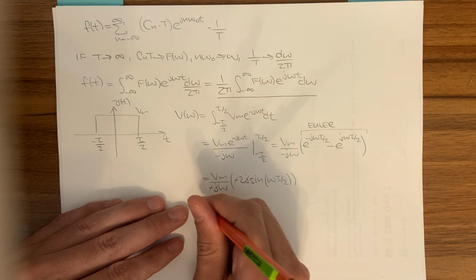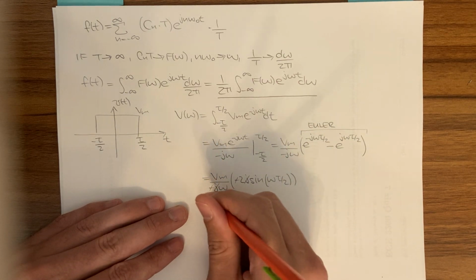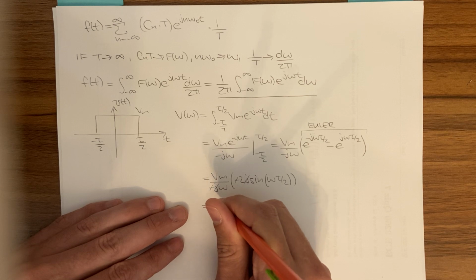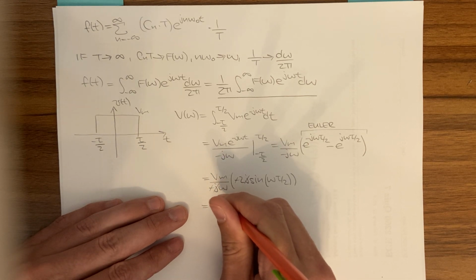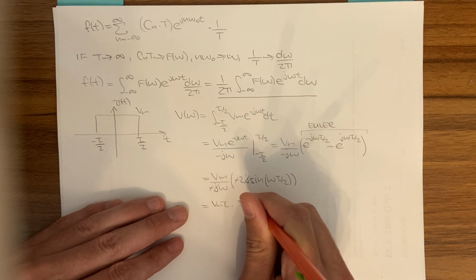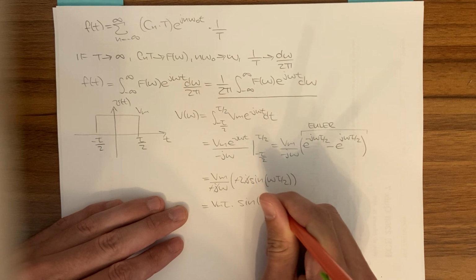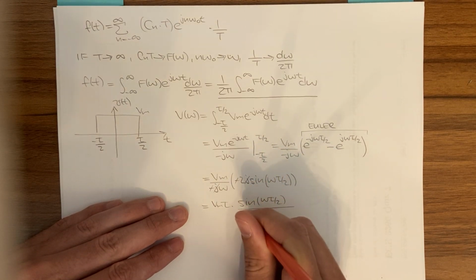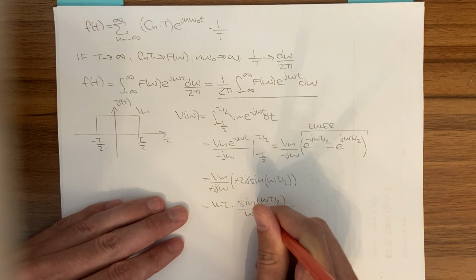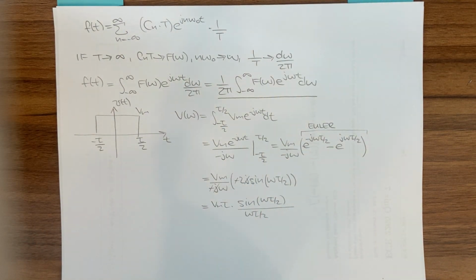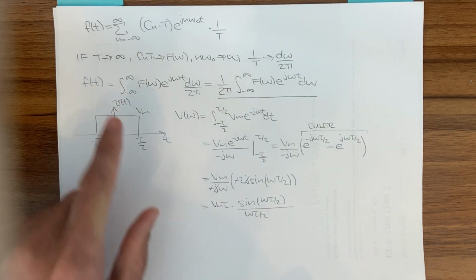We can write it as Vm times tau times sine of omega tau over 2, all over omega tau over 2. That's the Fourier transform of f of t.